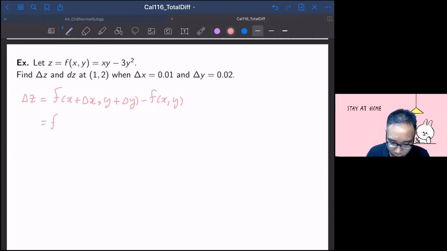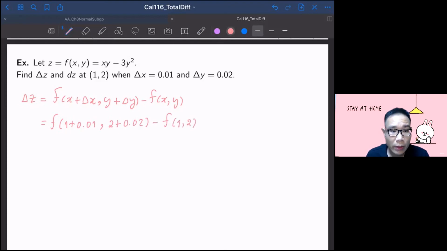In this case you have the point (1, 2), and delta x is 0.01, delta y is 0.02. So it's going to be f(1 plus 0.01, 2 plus 0.02) minus f(1, 2).